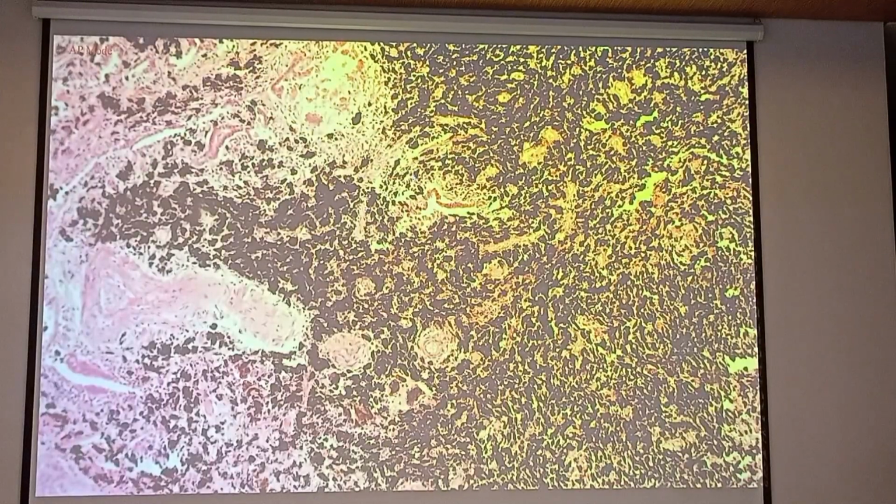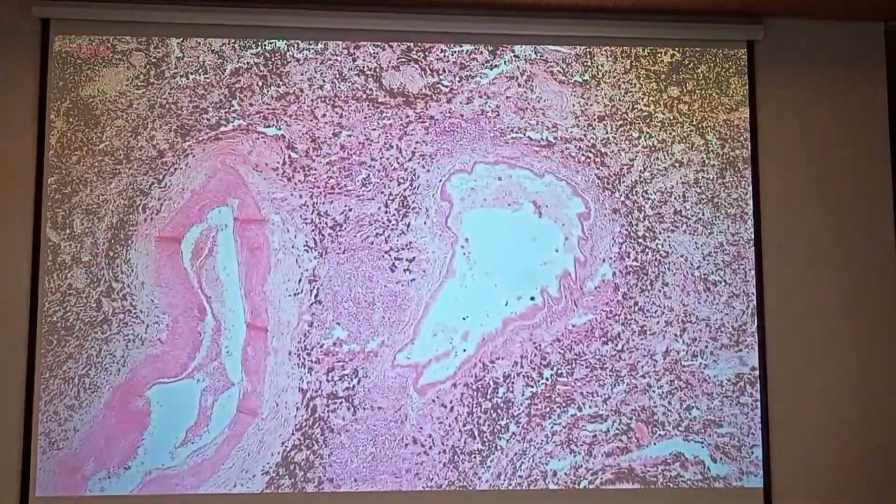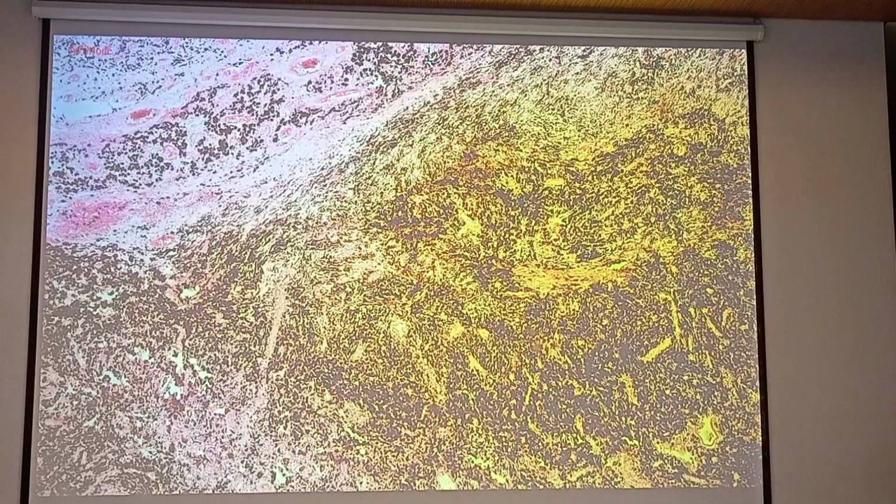But there are other histologic features that can tell you silicosis, like a large particle surrounded by fibrosis and inflammatory cells.